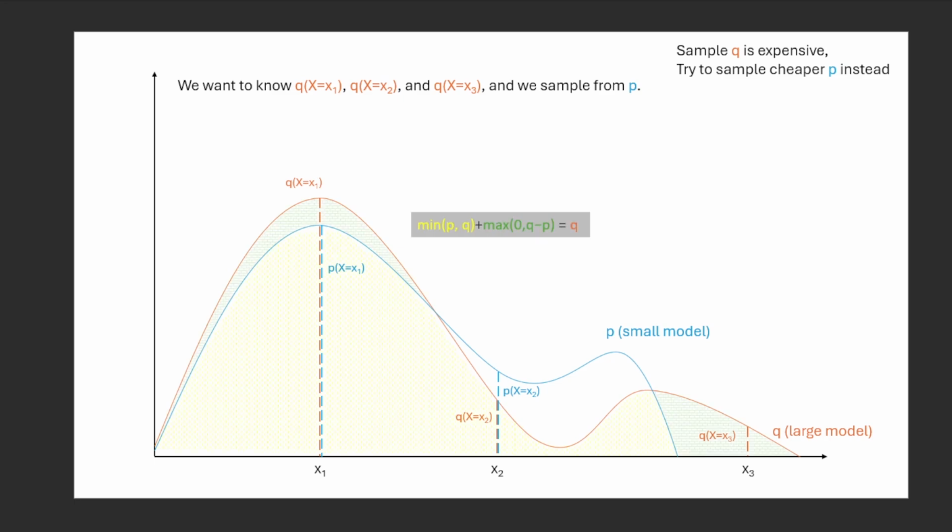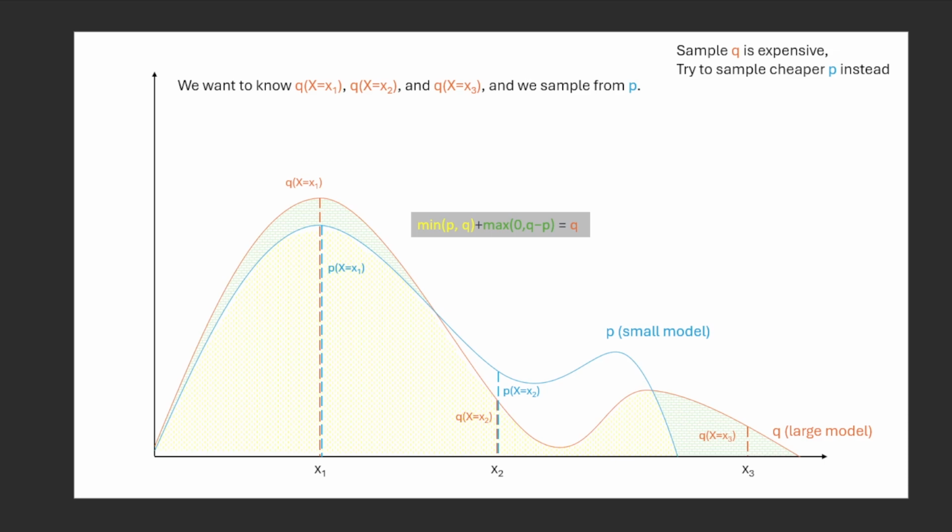We may understand speculative sampling from the following equation. Take the minimum of P and Q and add the maximum value between 0 and the difference of Q minus P, and you will find the result of the combination is equal to Q exactly. The minimum part is shown in the yellow area of the figure, and the green area represents the maximum part.